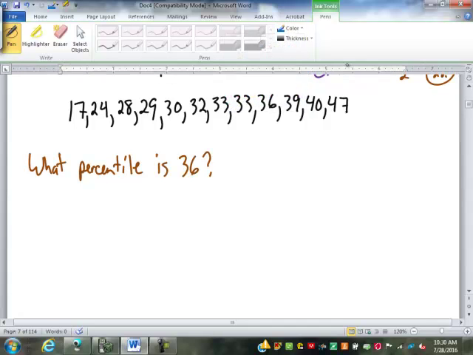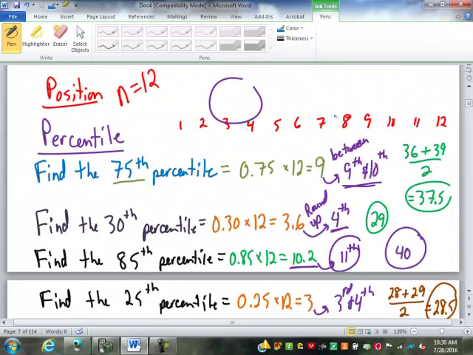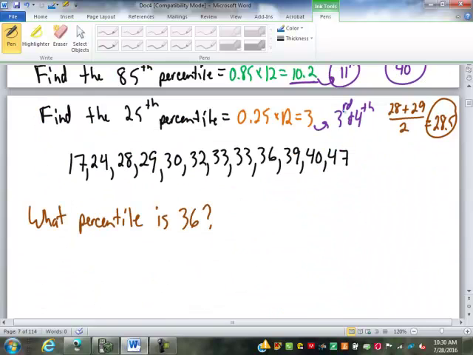Now, we may have found earlier that 36 was a certain percentile. I think we did find it. Oh, no, we didn't. The 36, though, is in the 9th position.